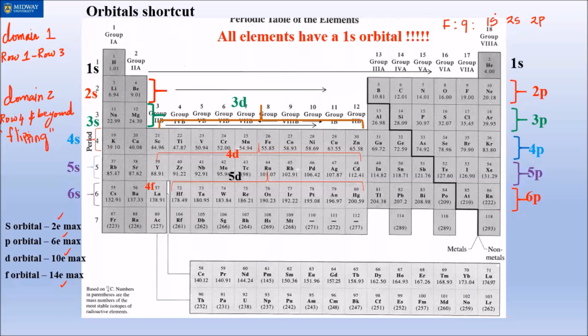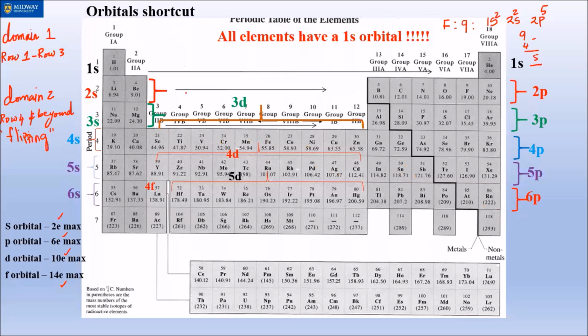So I have 9; s can hold 2, this s can hold 2, and I stop. I give all orbitals but the last one the full count, which is 4. And I have 9, so 9 minus 4 is 5. So this is 2p5, and that's it. If you follow this method, you're going to get it right every single time.